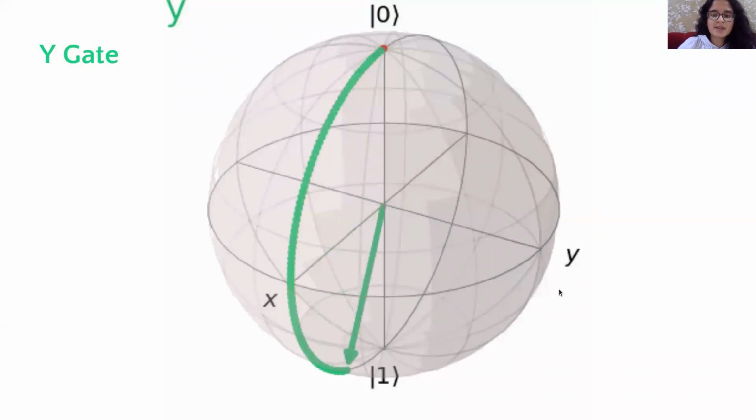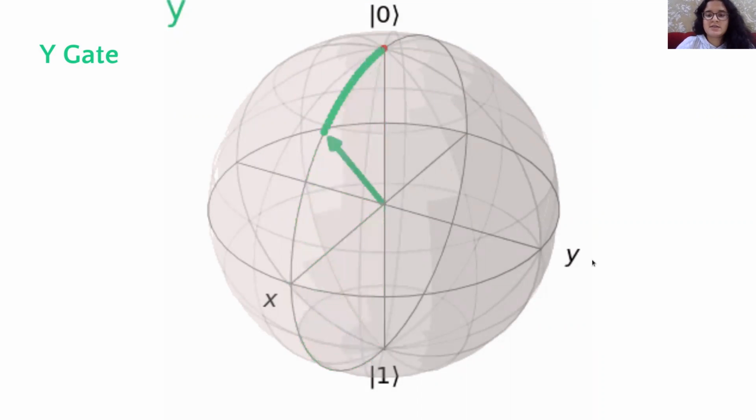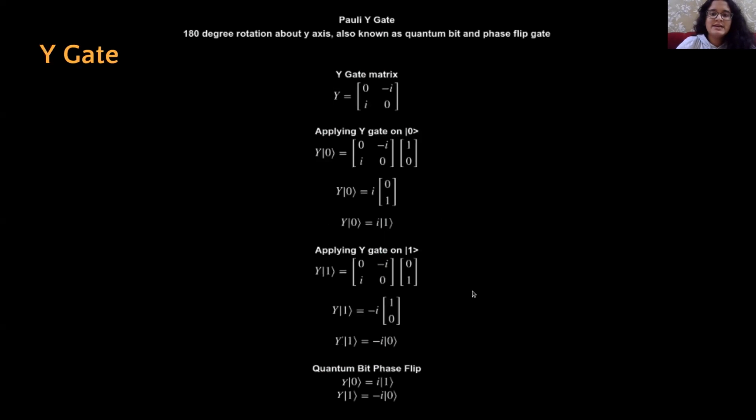It does the same thing, but a 180-degree rotation about the Y axis. So essentially this is what it looks like, and its matrix is this. So when we apply this gate on ket 0, we get ket 1 multiplied by a scalar i.